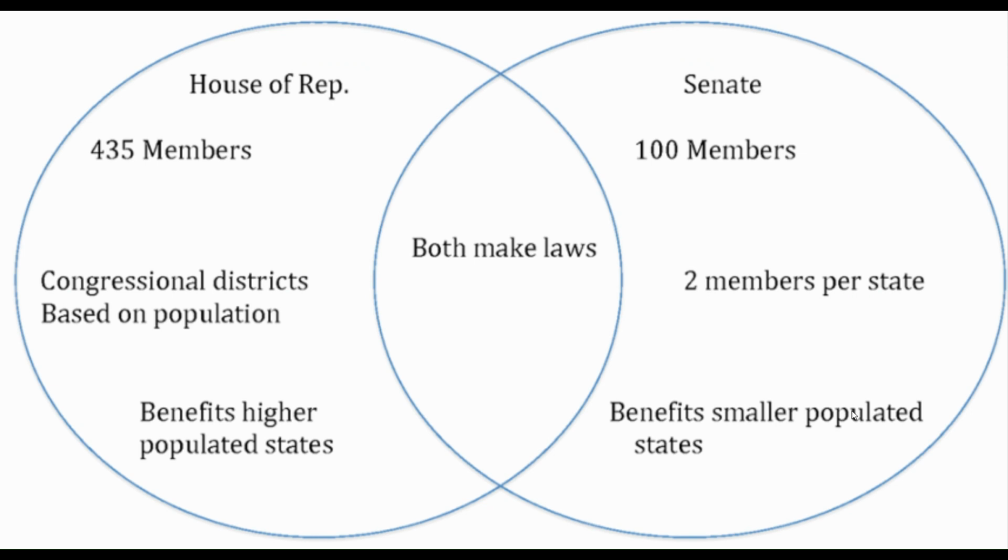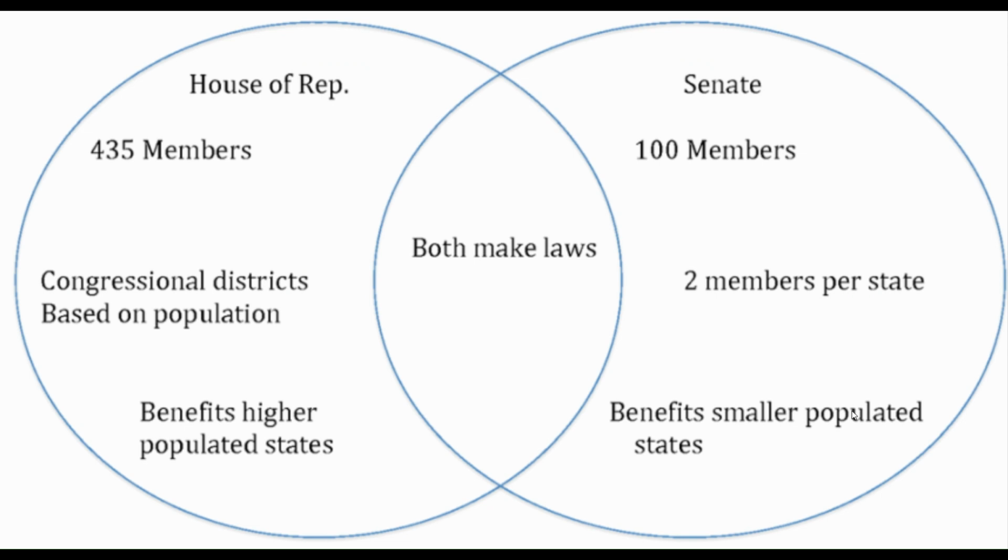Now, in the House of Reps, there are 435 members. How many members are in each state is determined by the population of each state. Whereas in the Senate, it's two senators per state. And so the House of Reps benefits higher populated states. California has 52 or 53 reps. Wyoming and Montana only have one.